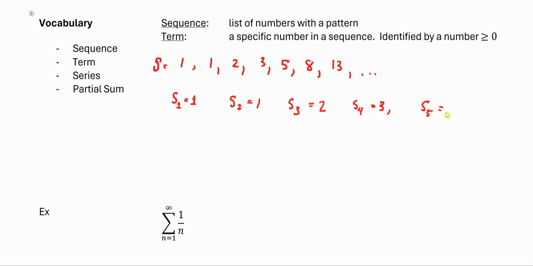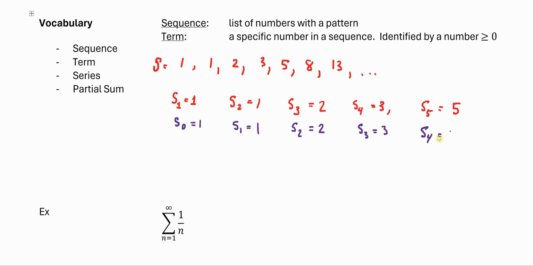And the fifth term is 5. I don't necessarily have to start with S sub 1. Sometimes it's more convenient to start out with 0. So I could also say the 0th term of this sequence is 1. The first term is 1. And so I'm just off by 1 here. That's a perfectly reasonable way to say it. Sometimes we can have negative indices, but that's very, very rare.